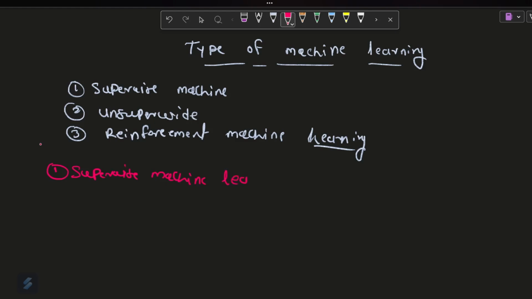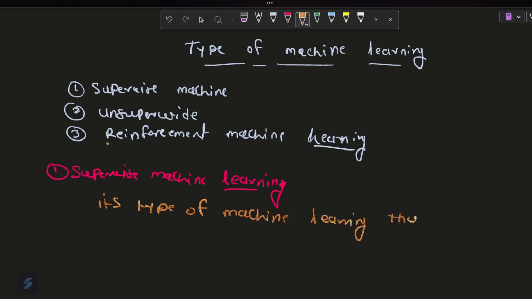Supervised machine learning is a type of machine learning that works on labeled data.